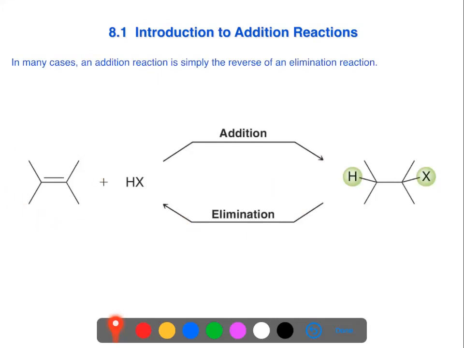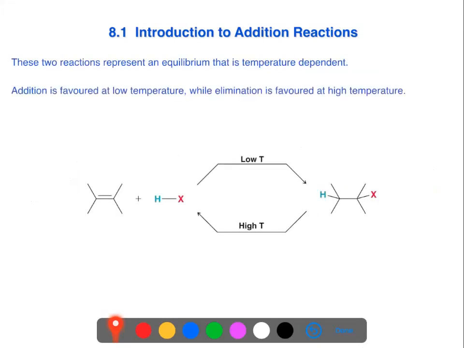Addition reactions can take that same alkene, and if we were to add a hydrogen halide, we can get back to that alkyl halide in a similar fashion. We see that for these two reactions, both elimination and addition, in some cases there can be an equilibrium established between these two potential states, that is the alkene as your product or the alkyl halide.